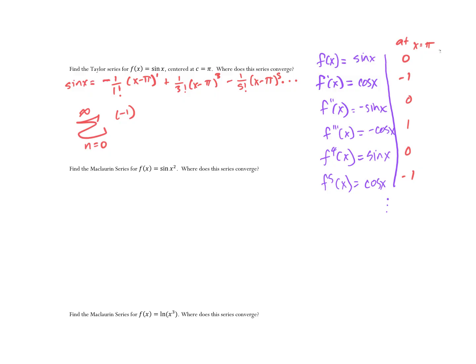What power should it be? It should be n plus 1, because now my first term is negative, so I want my power to be odd so that the overall value is negative. x minus pi to the, still to the first power, so this will be 2n plus 1. And then 2n plus 1 factorial.